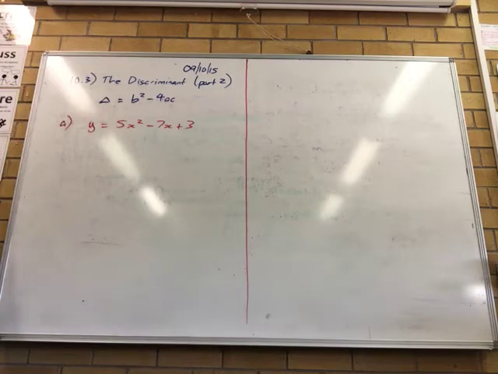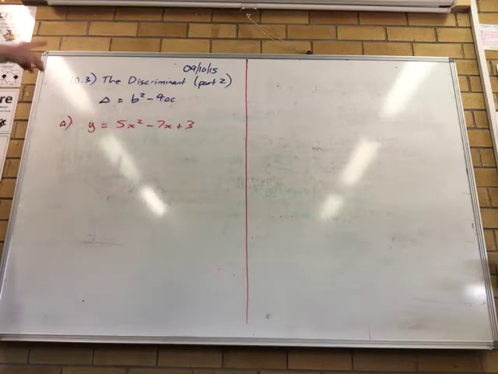Previously we've been asked to graph it, so we use our skill of factorising quadratics to find the roots. If we can't do that, then we try the quadratic formula to identify the roots, the intercepts where they cross the x-axis. These questions here are just asking you to determine the number of roots and their types.